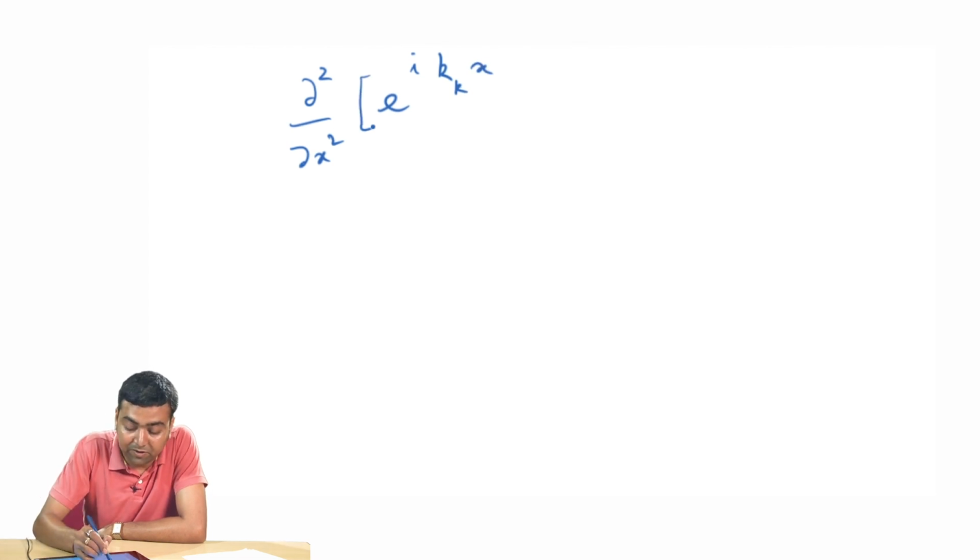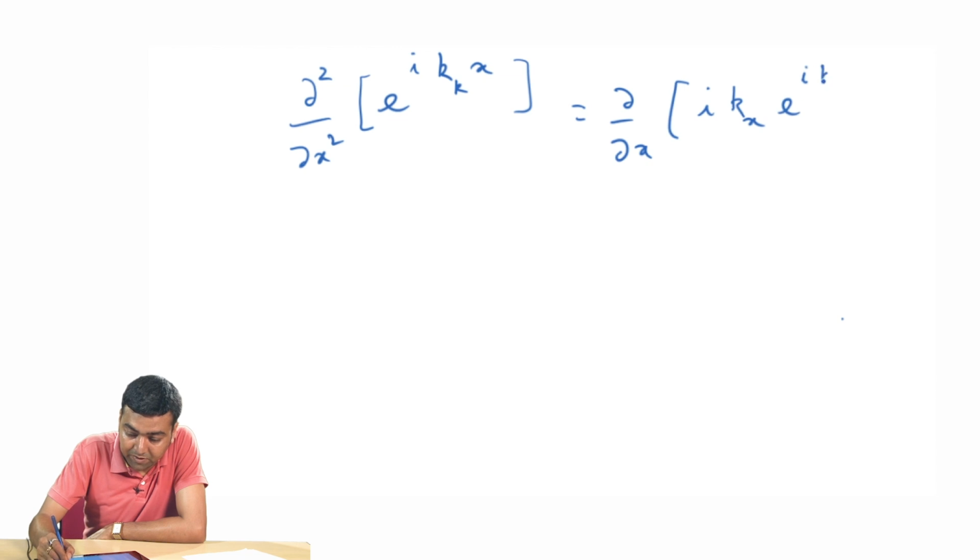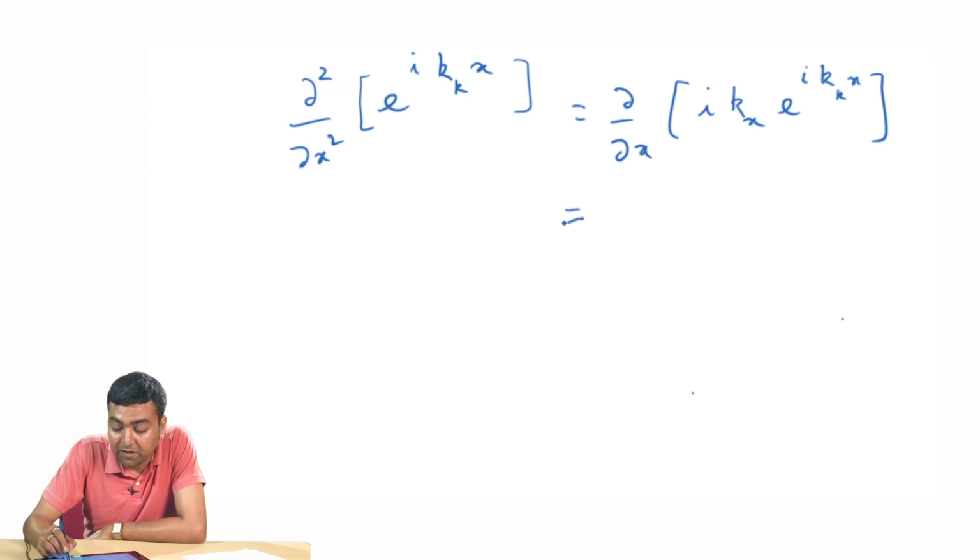If I do this operation the first time, I get I k, then again e to the power I k x. And if I do it again on this, I will get another I k here.